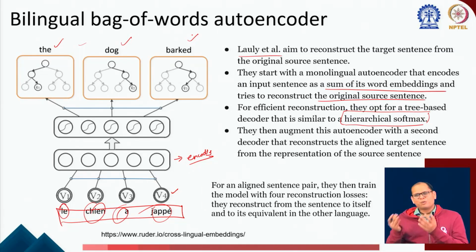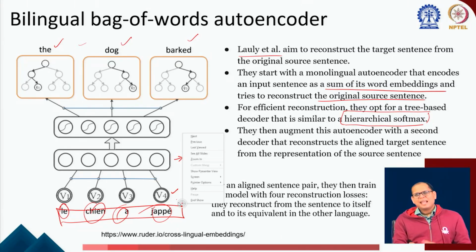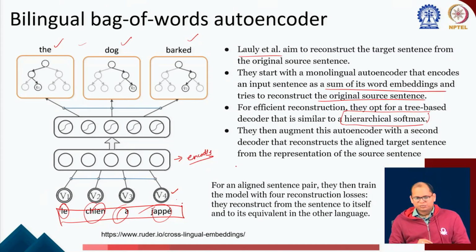So you have multiple objectives. You start from one sentence, you encode it such that you can decode these words, and you can also decode the words of the parallel sentence. The 2 trees will be different, but the same encoding would help you do that. That means if you have an aligned sentence pair S1 and S2, you can train it with 4 reconstruction losses.